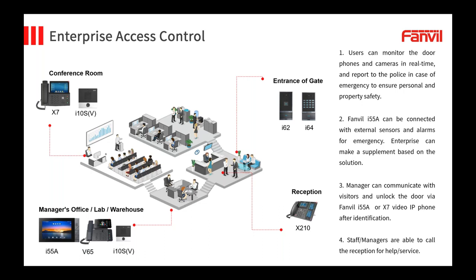There are some benefits and functions we can achieve through this solution. Users can monitor the door phones and cameras in real time and report to the police in case of an emergency, to ensure personal and property safety. The next point, the Fanvil I55 monitor can be connected with external sensors and alarms for emergencies. Enterprises can make a supplement based on the solution.